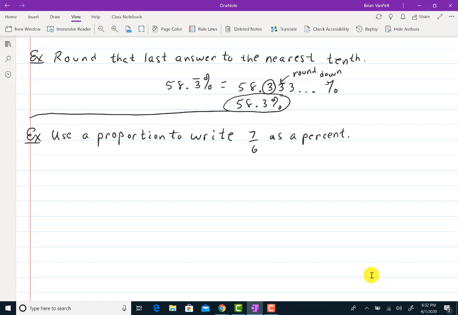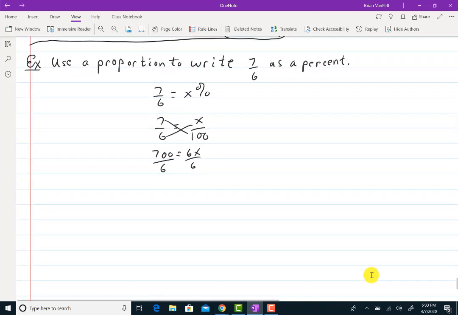And as before, 7/6 equals x percent, or 7/6 equals x over 100. Cross multiply. 700 equals 6x. Divide by 6. And once again, that is the correct answer.